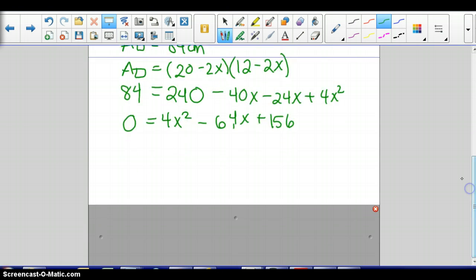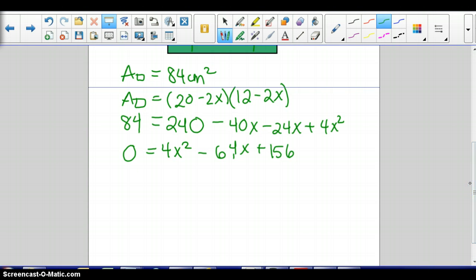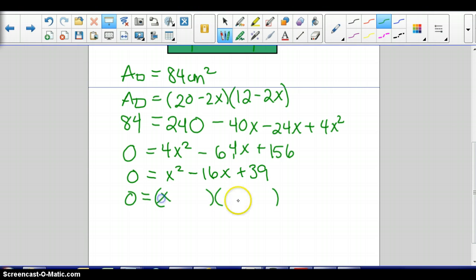Now this is what we've been doing, is factoring, and we can take out a GCF, which we have 4 here, so I'm going to rewrite this as 0 equals x squared minus 16x plus 39. And then my next step, I'm going to draw these parentheses here and fill in the blanks. So we get x minus 13 and x minus 3.